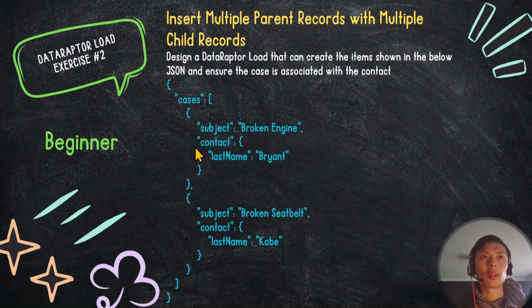Along with the case object, we also want to create an associated contact with last name Bryant for the first case object and Kobe for the second case object.